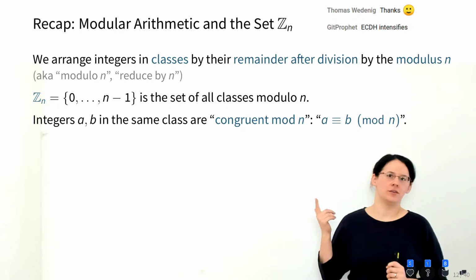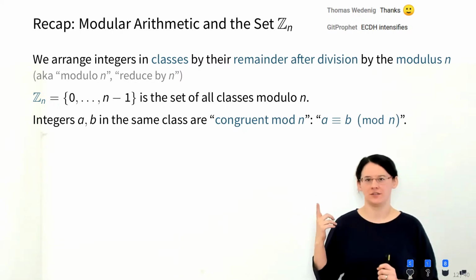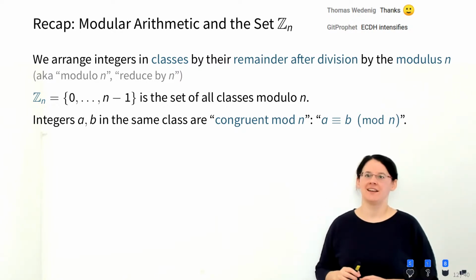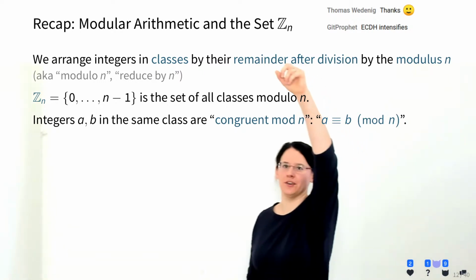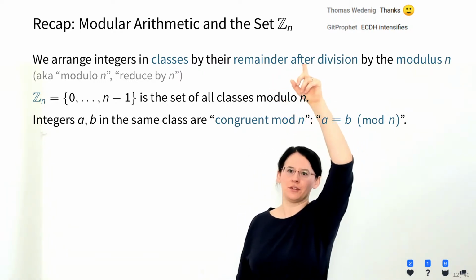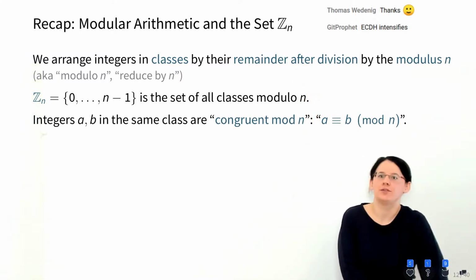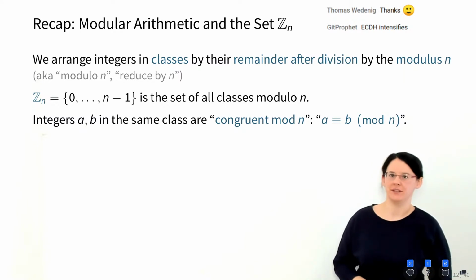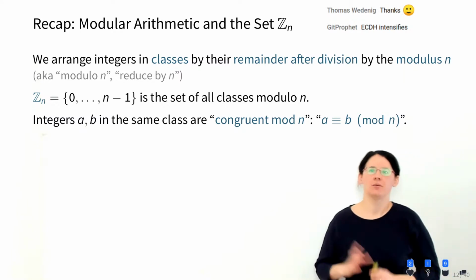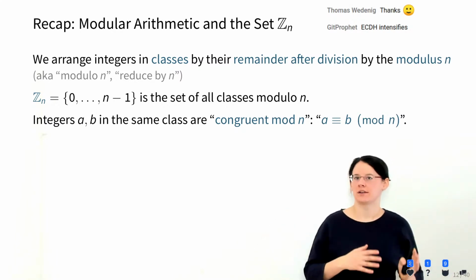We're going to talk about integers a bit, but most of the time we're going to talk about a certain set of integers, namely the set Zn, as written here on the top. So the big Z like the integers, but with a small subscript n. And this n in the subscript refers to the modulus that we are using. Modulus means that we take the integers, all the integers, but we divide them into classes.